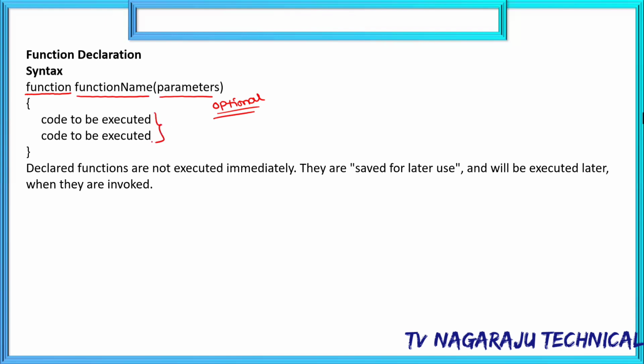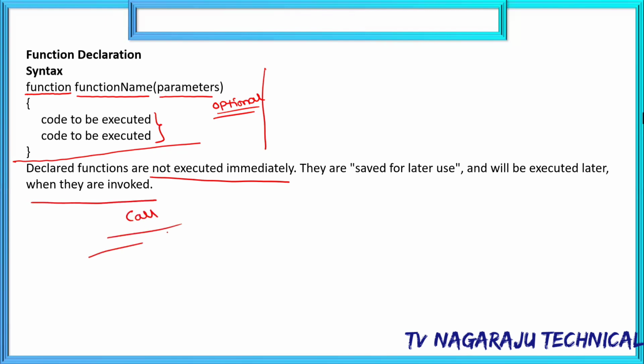In between, you can write any lines of code. Whatever code you want to execute is written inside these curly brackets. This is a function. Remember, once we create the function, it is not executed immediately. Whenever we call the function, only then is the function executed.